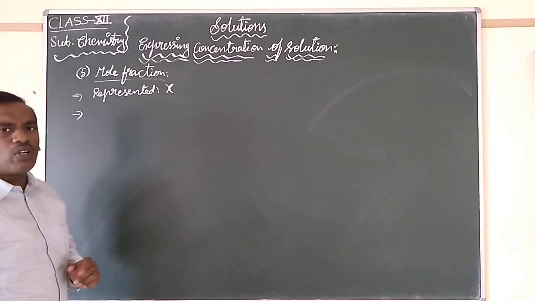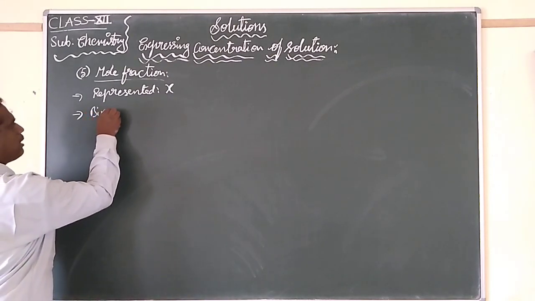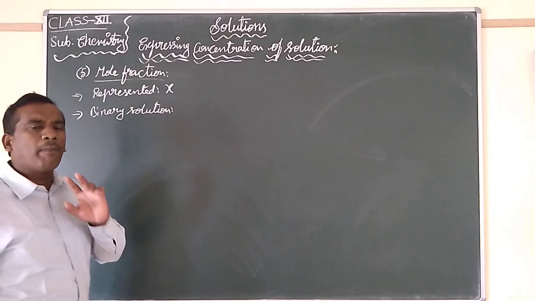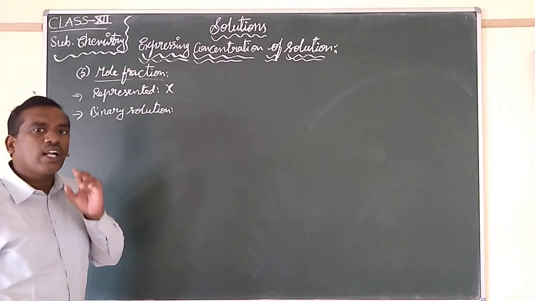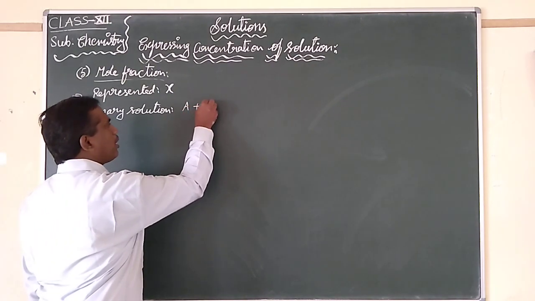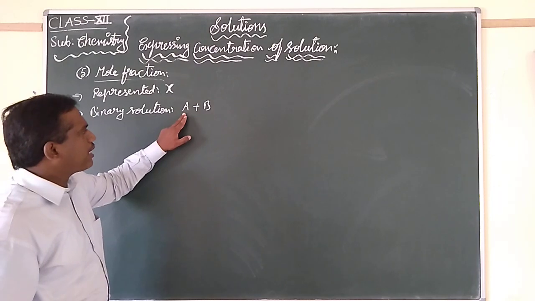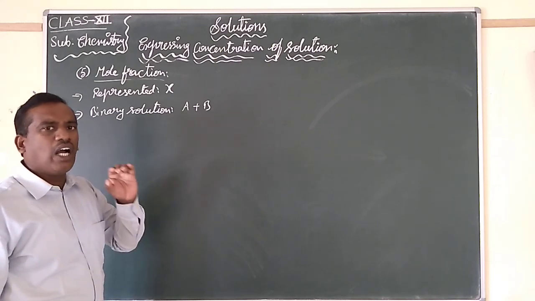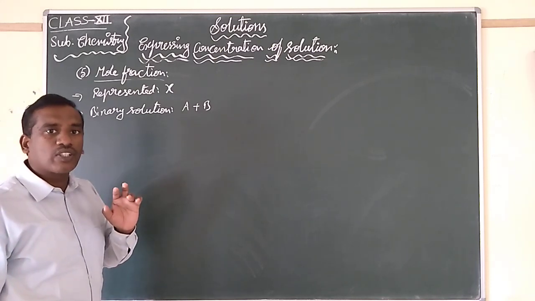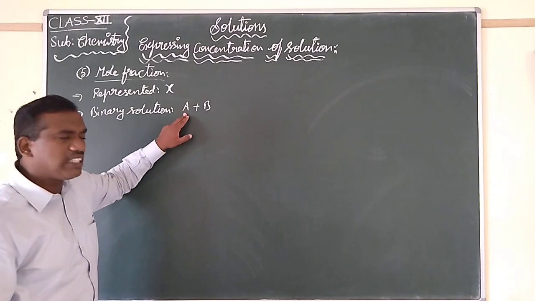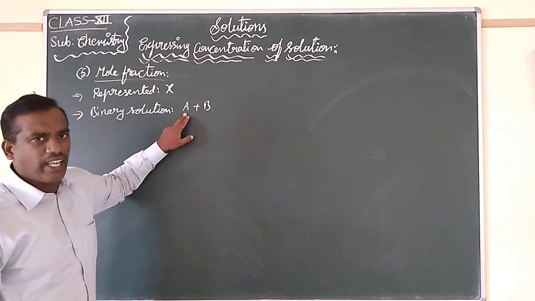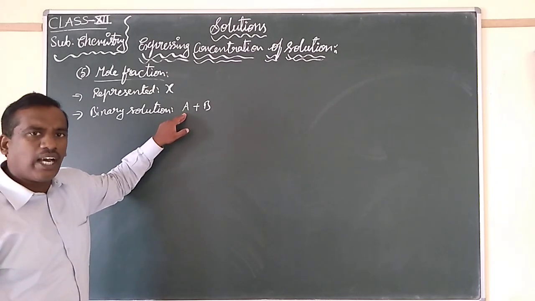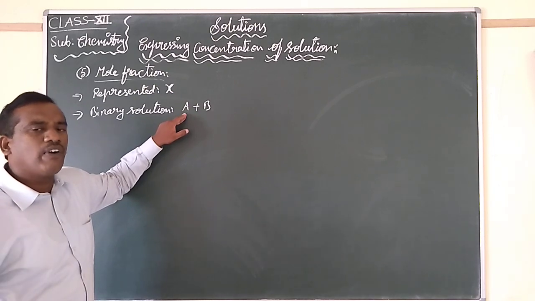We are discussing binary solutions. A binary solution means a solution made up of 2 components, component A plus component B. If you want to know the mole fraction of any one of the components, let us calculate the mole fraction of A. Then I need to know how many moles of A are present out of the total number of moles.